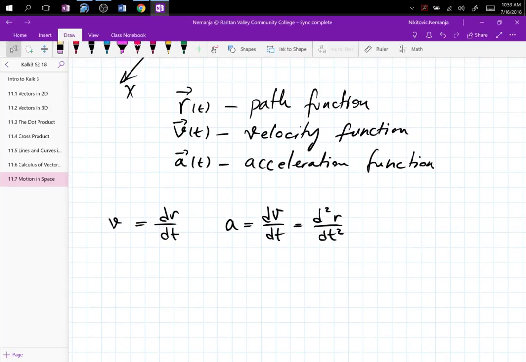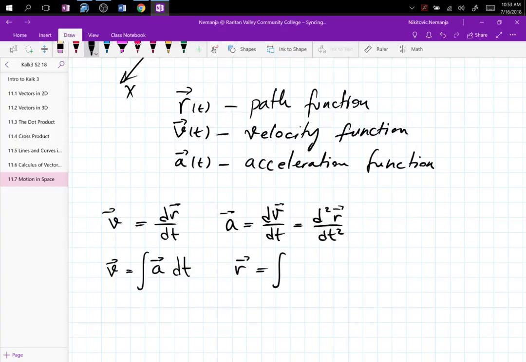You can get the velocity also as the integral of acceleration. These are all vectors. I'm just lazy to, well, I shouldn't be, but here, we'll fix that. And we can also get the path function r as the integral of the velocity.